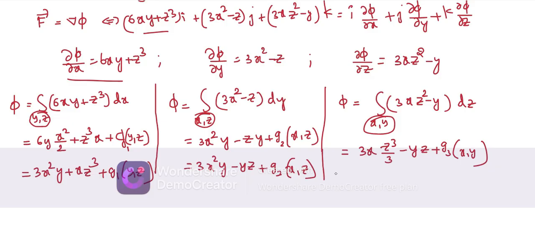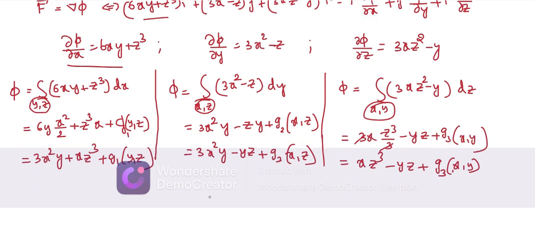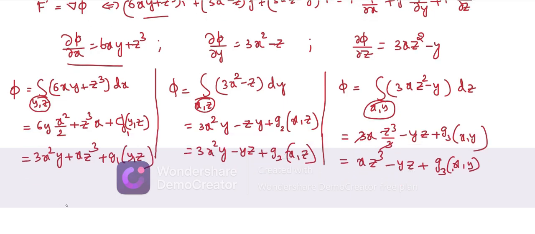And in this case, the 3s get cancelled, which is xz cube minus yz plus g3 of x comma y. Right? So here we have this. On observing these three values of phi, we can write the entire value of phi.